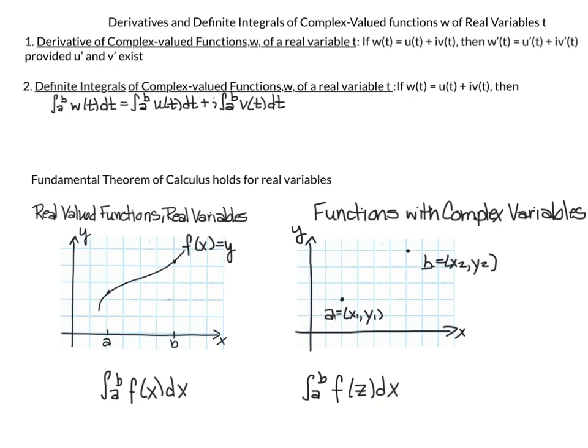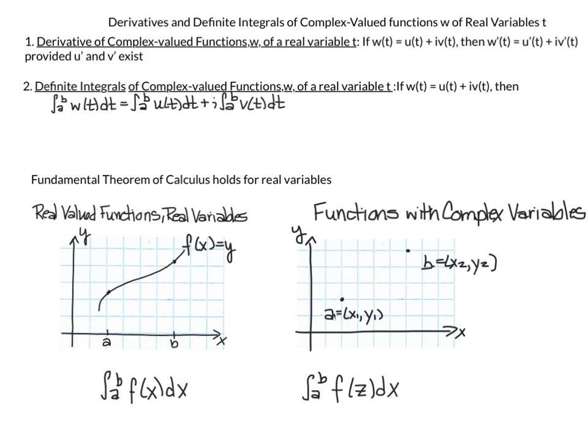As long as our variable is real, it's very clear what we're integrating. We're integrating along the path from the real number a, and we keep increasing until we get to the real number b. There's only one path, this straight line from a to b.